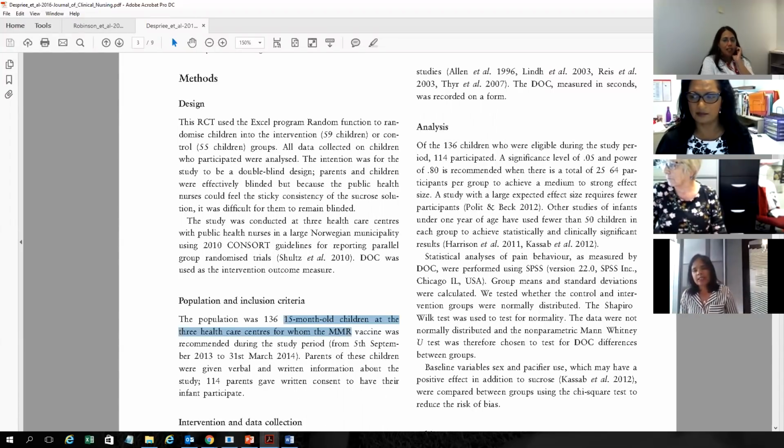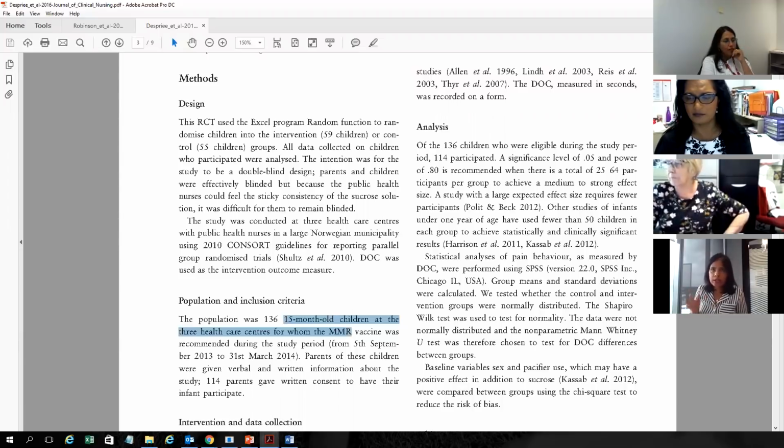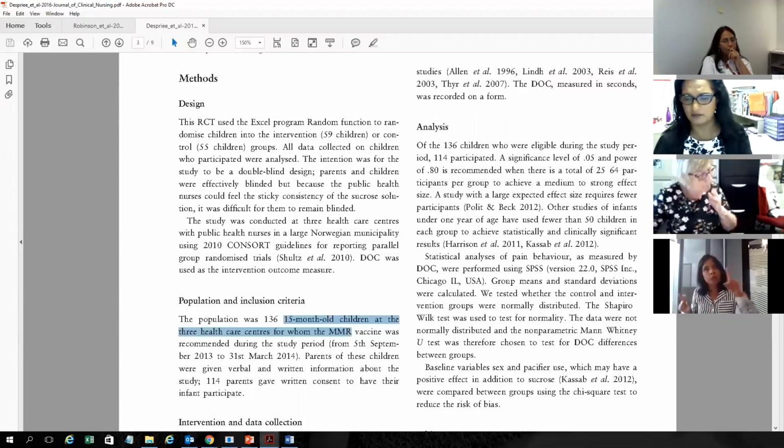They just say random allocation? Yeah, it is random allocation. So it is important to read how they have included the sample and then make your critical decision. You can't simply call that purposive sampling or convenient sampling, because a randomized control trial will have a random allocation. That's what they have done in the study.